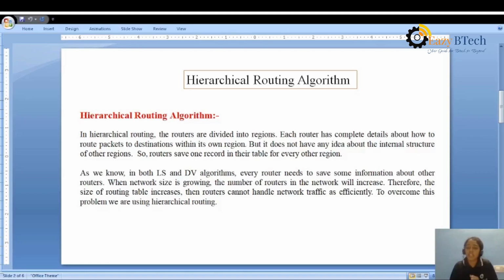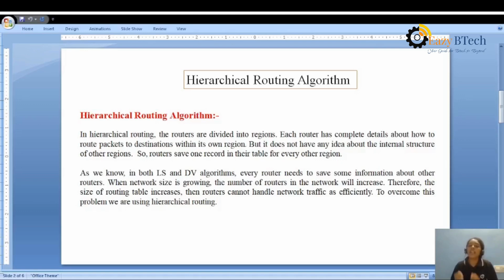If two or more routers combine into one region, we can deliver a packet from source to destination within that region, and the router has complete details about how to route packets there. But if you want to send a data packet from a router of one region to a router of another region, there is no information and no idea about the other region's routing structure. That is the main thing.